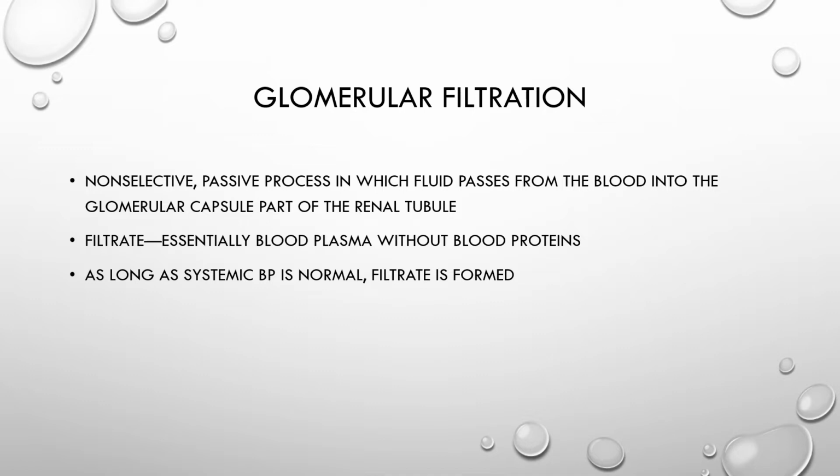Both proteins and blood cells are normally too large to pass through the filtration membrane, and when either of these appears in the urine, there's usually a problem with the glomerular filters. As long as the systemic blood pressure is normal, filtrate will be formed. If arterial blood pressure drops too low, glomerular pressure becomes inadequate to force substances out of the blood into the tubules, and filtrate formation stops. That's what we were talking about with oliguria and anuria.